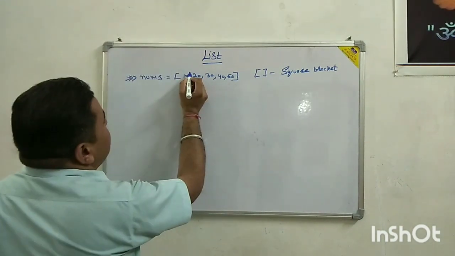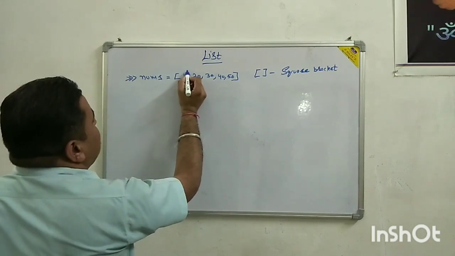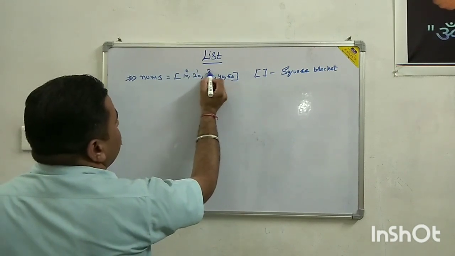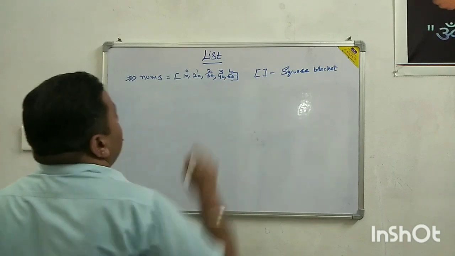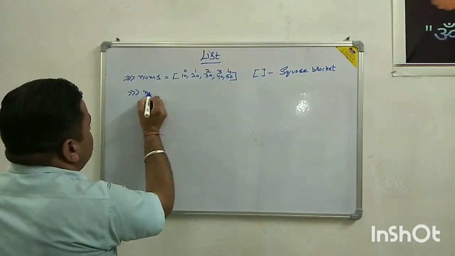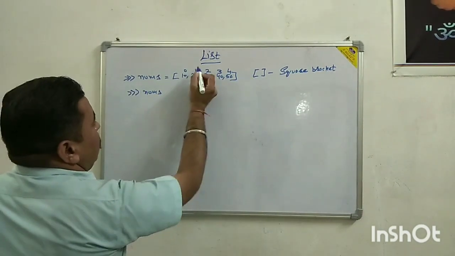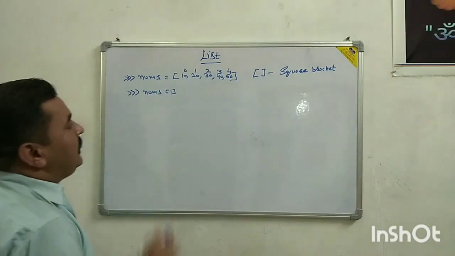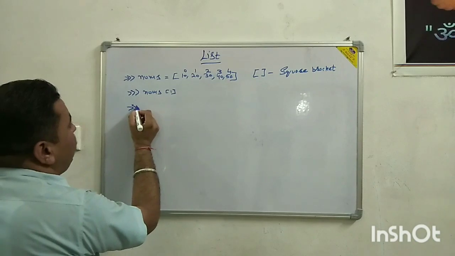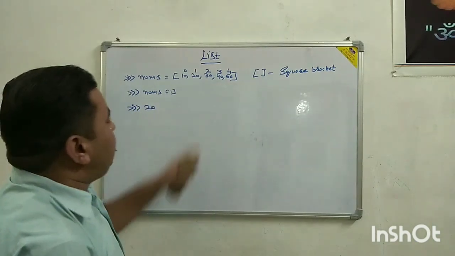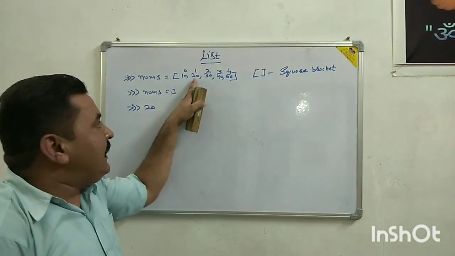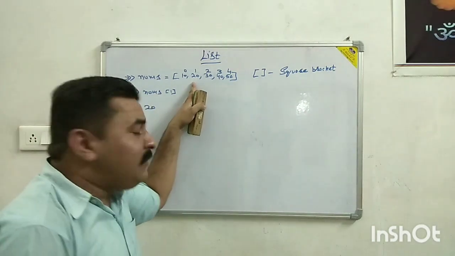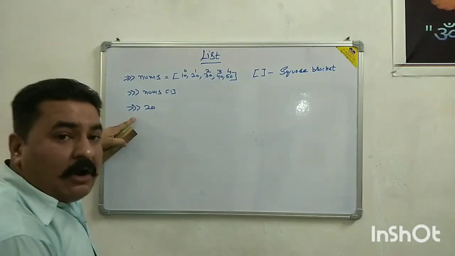Now the index values are 0, 1, 2, 3, 4. So we write nums, and for example if I want the index value 1, it will give us the result 20, because the element at index 1 is 20.